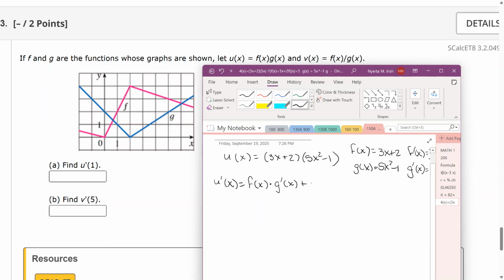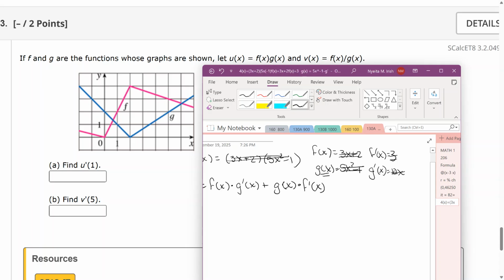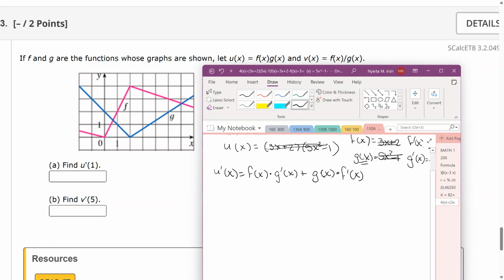plus the second function, which again, I made up 5x squared minus 1, so let's right now just call it generic g of x, times the derivative of the first. I don't really know what those functions are, so that's bogus. But this formula is not.